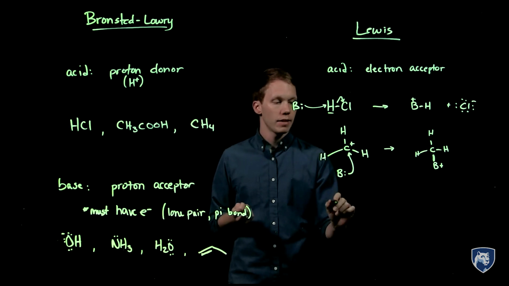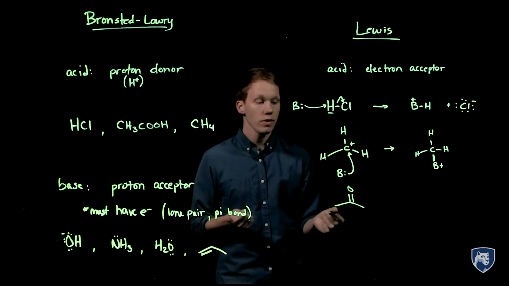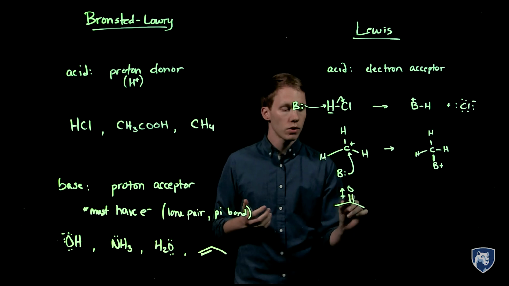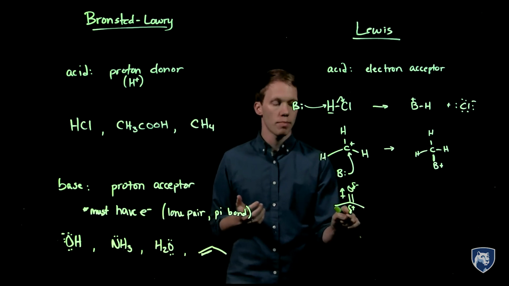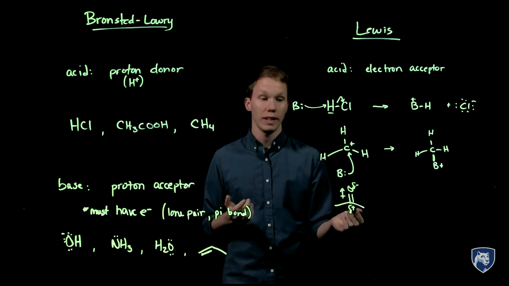And similarly, carbonyl compounds: if we use our bond dipoles to determine partial charges, we'll notice that there's a partial positive charge on the carbonyl carbon here, making that electrophilic.